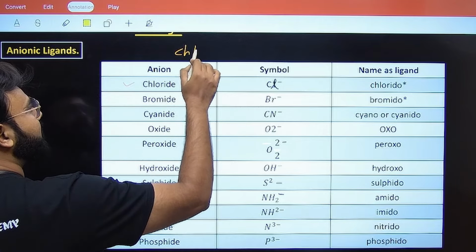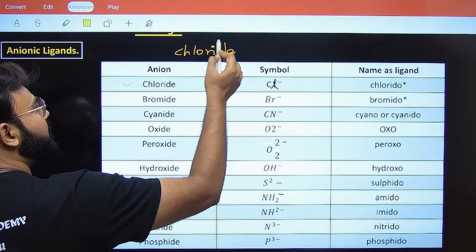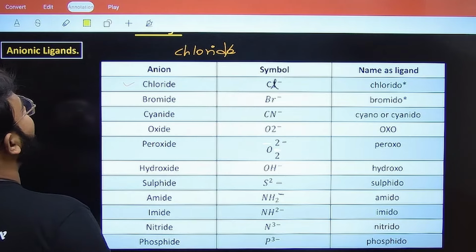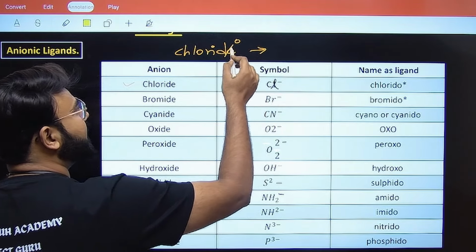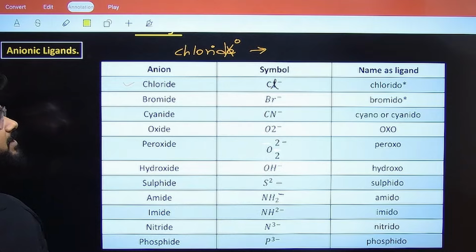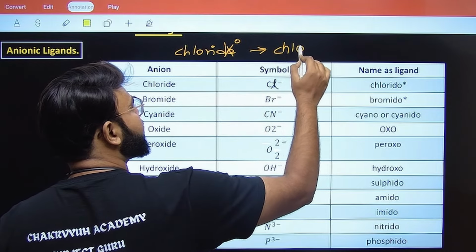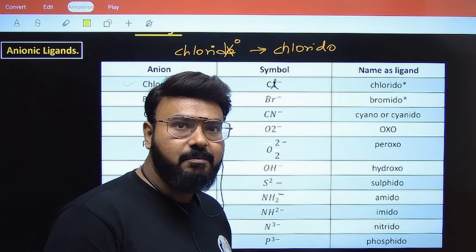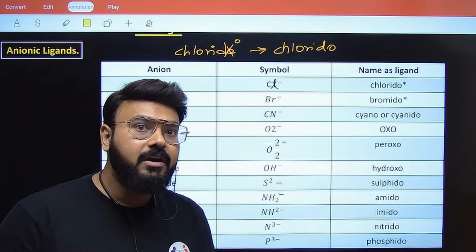For chloride, you will remove the last alphabet, that is E, and you will replace it with O. E will be struck off and replaced with O. So it becomes chlorido. Similarly, sulfate will become sulfato. This ending change is only for negative ligands.